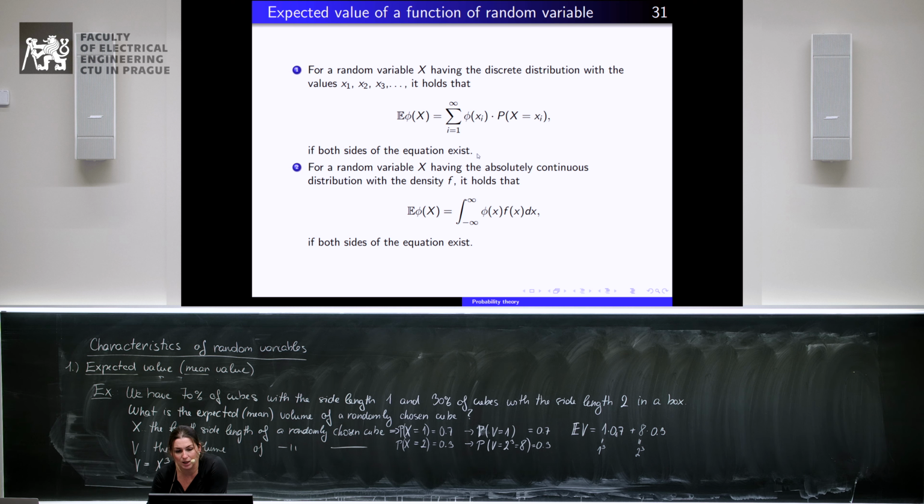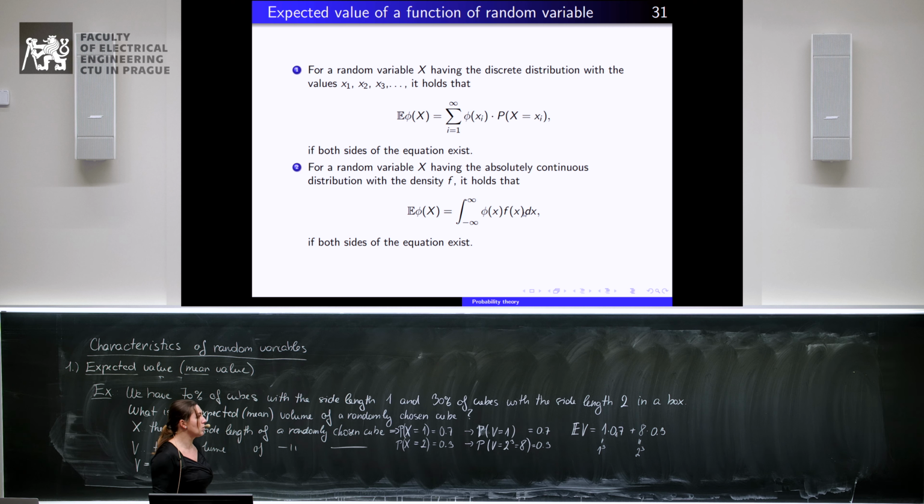And in the continuous case, when we calculate the expected value, we again replace the sum from the discrete case by the integral. The transformed values are transformed values, and the probabilities are replaced by the density dx. So the probabilities of taken values have their analogy in the density dx.